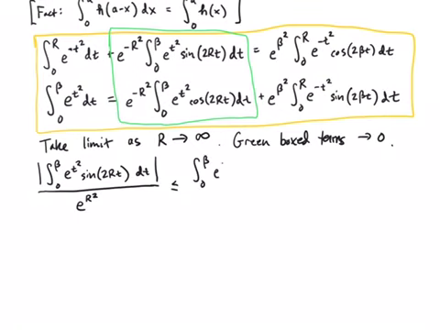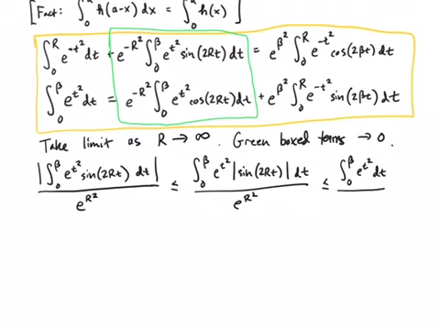So that would be e to the t squared, absolute value of sine 2rt, dt, over e to the r squared. And sine is always bounded in absolute value by 1. So this is just the integral from 0 to beta of e to the t squared dt over e to the r squared.